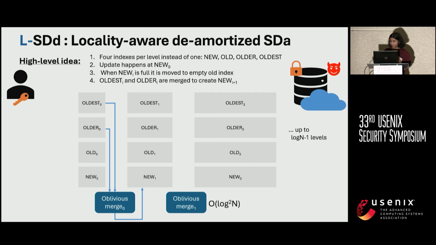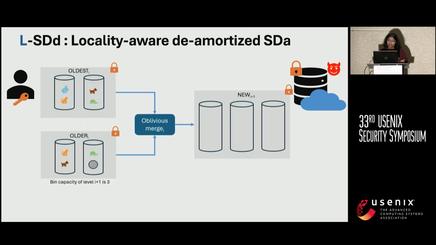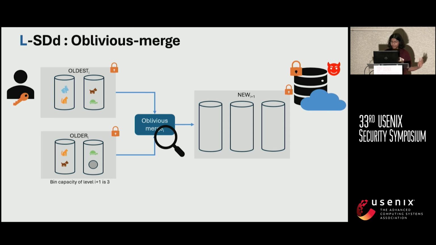performs asymptotically better. With this oblivious-merge, we achieve our I/O efficient framework called LSTD. Basically, oblivious-merge merges two equal-sized indexes in a locality-aware manner. Let's see how it works at a very high level.